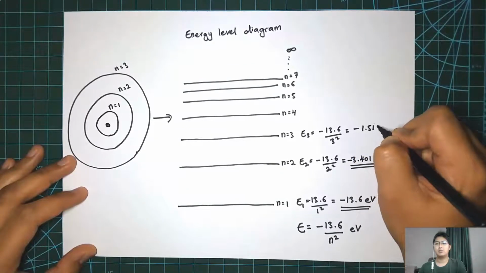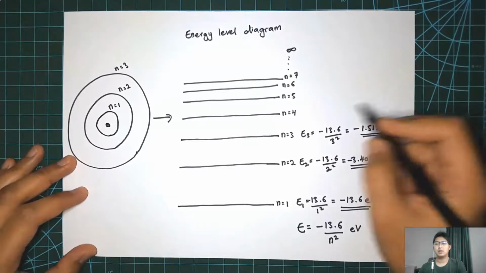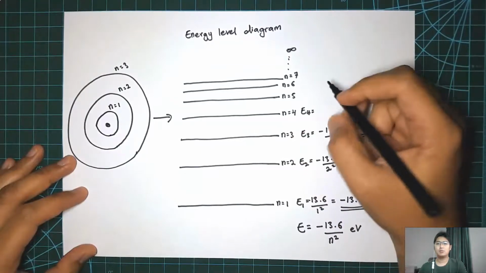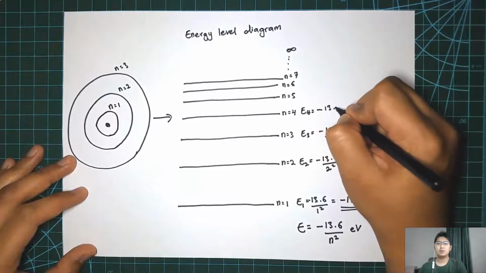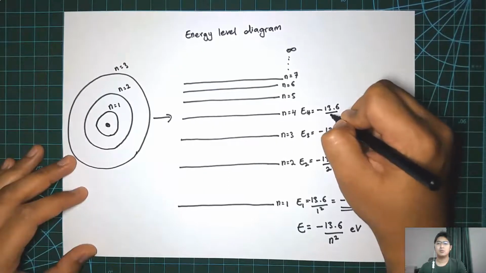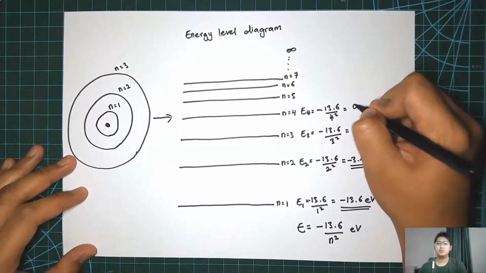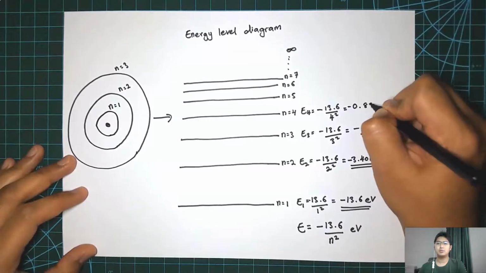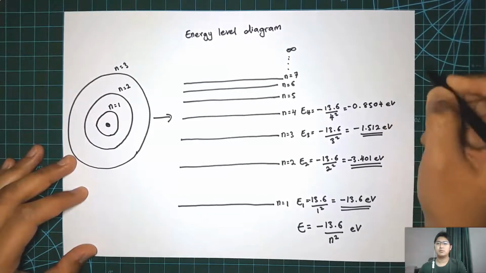negative 1.512 electron volt. And then the fourth one, E4 equals negative 13.6 over 4 squared, equals negative 0.8504 electron volt.